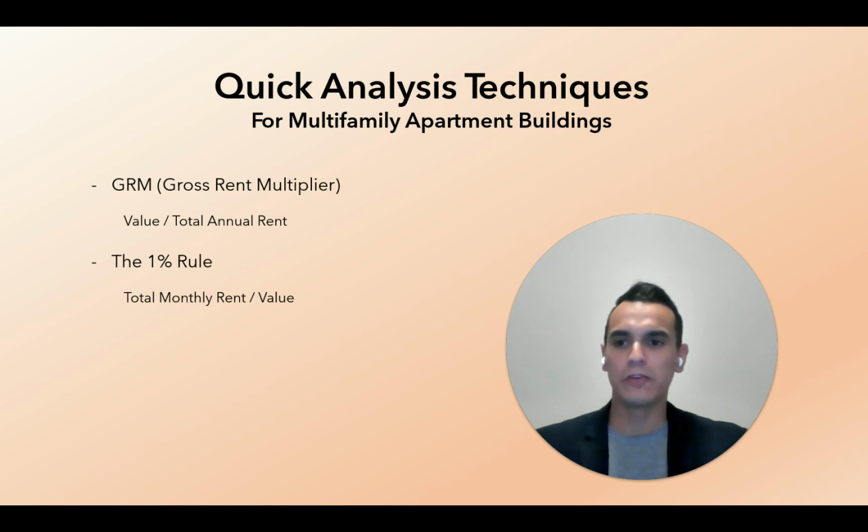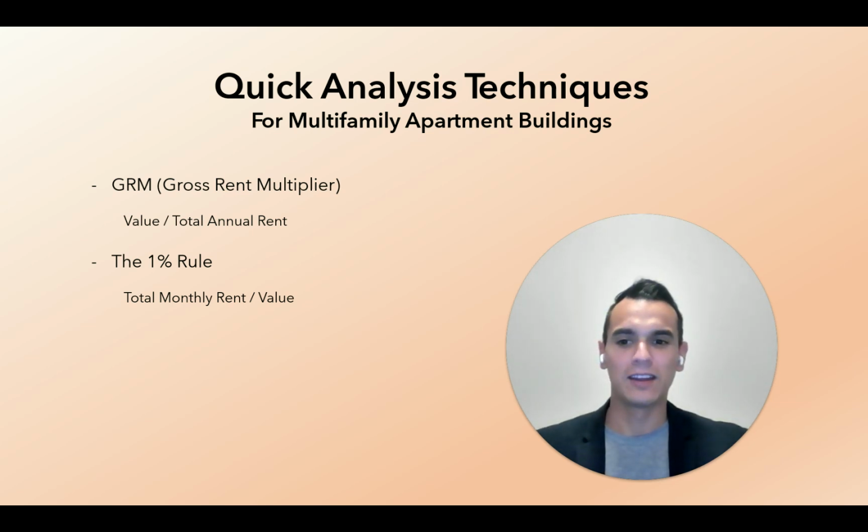Now, this is filmed in November of 2024. I will say the past few years in multifamily, prices have been very high. So, since the prices have been very high, even though rents have also gone up, it is very hard to hit that 1% rule across most properties across the country.